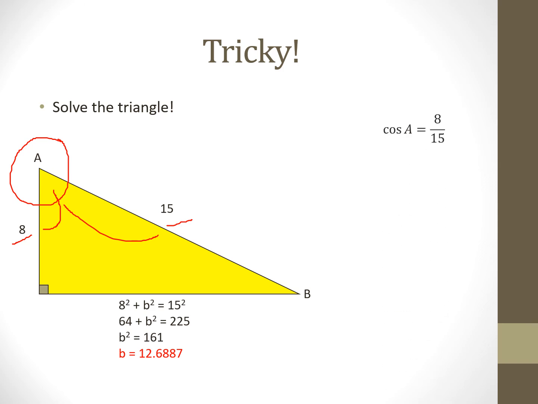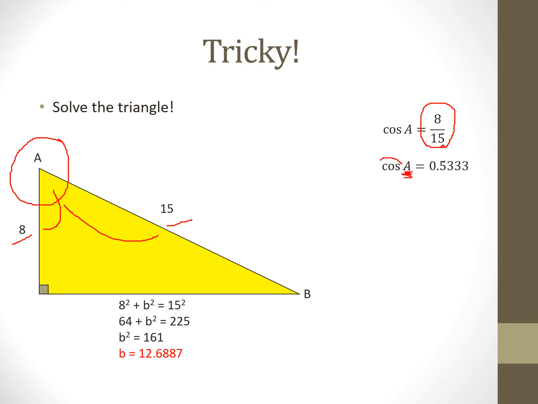So that means we're going to use cosine. From here, you're going to go ahead and punch in 8 divided by 15 to get 0.5333.